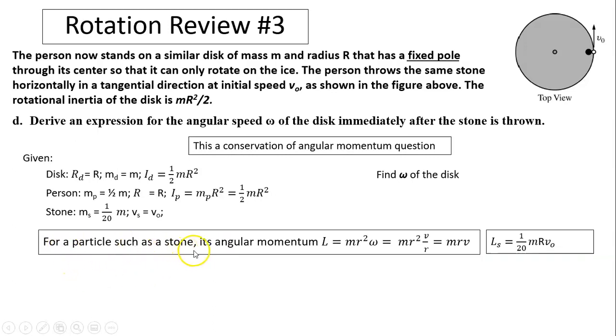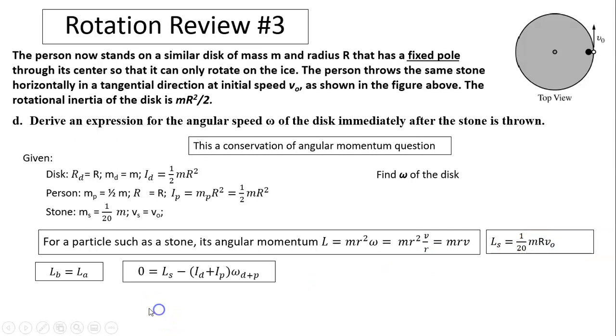For a particle such as a stone, its angular momentum L equals mr squared times omega, I omega, right? Since omega equals V over R, this expression can be written as mRV. m is the mass of the particle, R is the distance between the particle and the rotation axis, and V is the speed of the particle. So from here again, L of the stone equals m R V naught, because this R is the same as the big R.